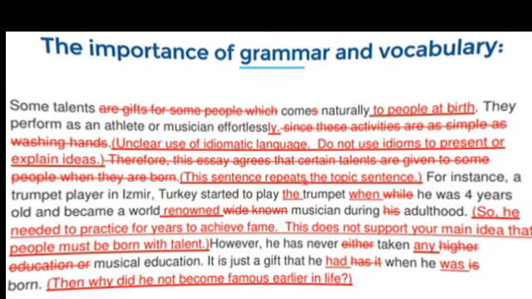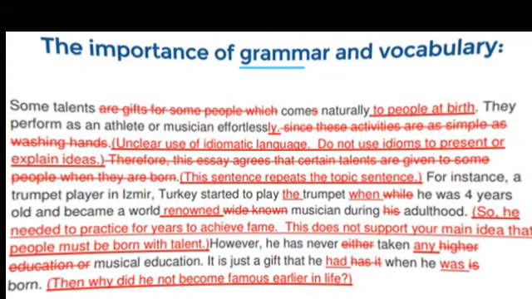Pause the video and read this. You will probably have a headache after it, because I look at these every day. Students send me these for me to correct, and the more bad use of grammar, bad use of vocabulary, for example, let's look here. Since these activities are as simple as washing hands, this person is trying to use idioms.